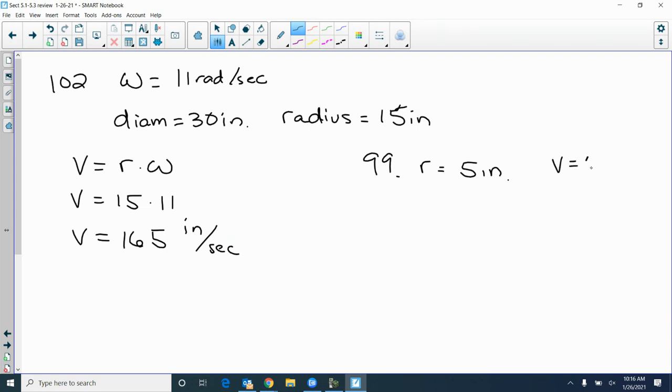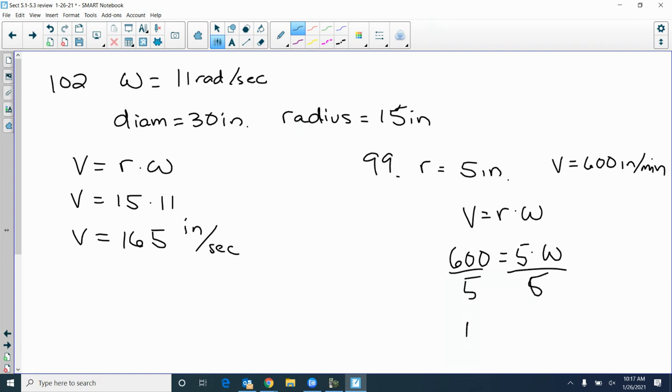V equals R times omega, and we want the angular speed. So V is 600, R is 5 times omega. All you've got to do is divide by 5. That gives me 120 radians per minute.